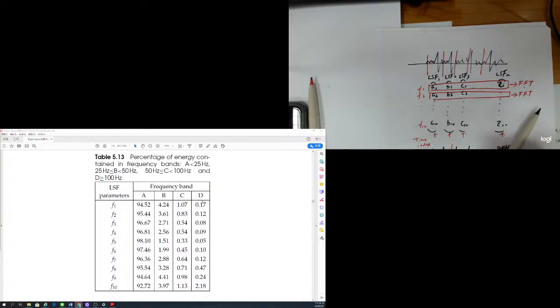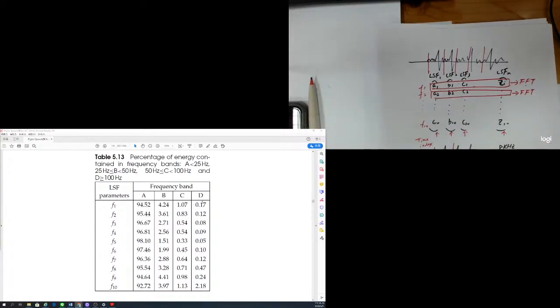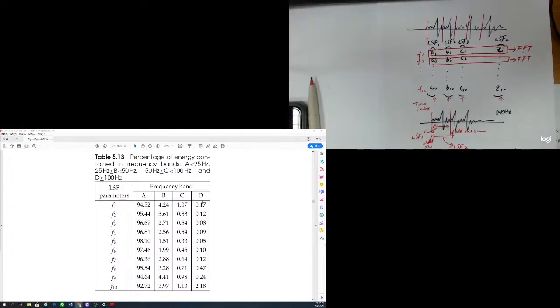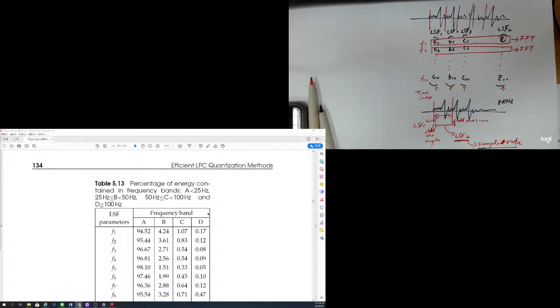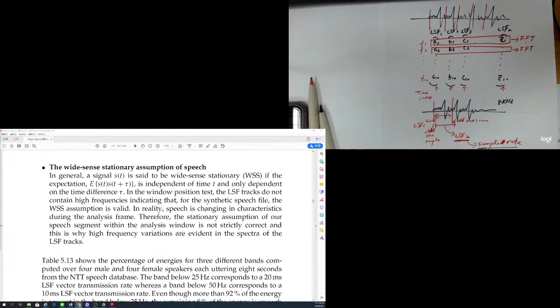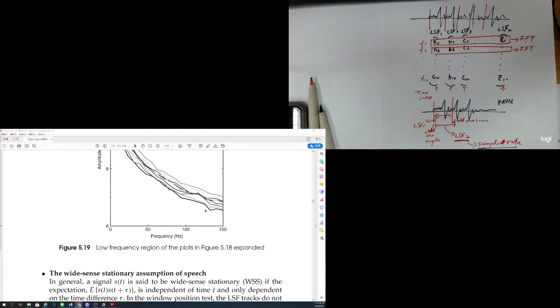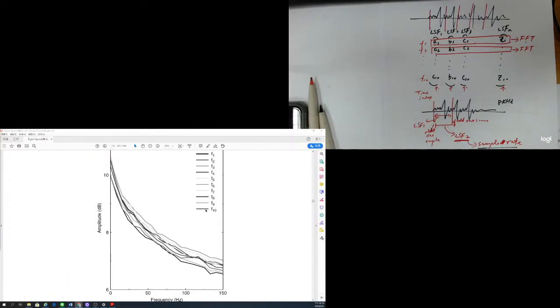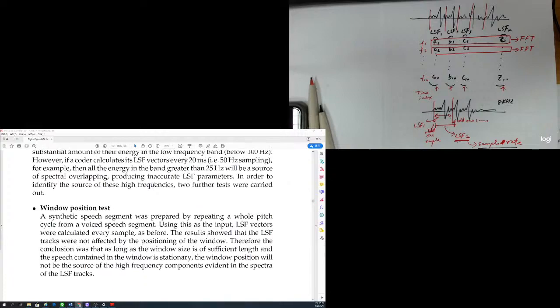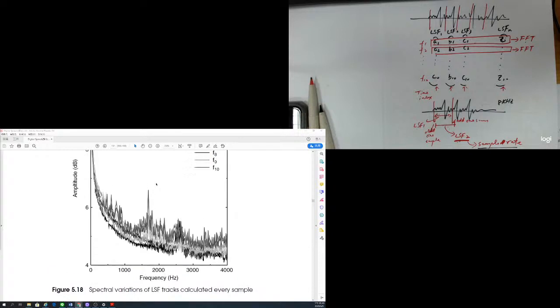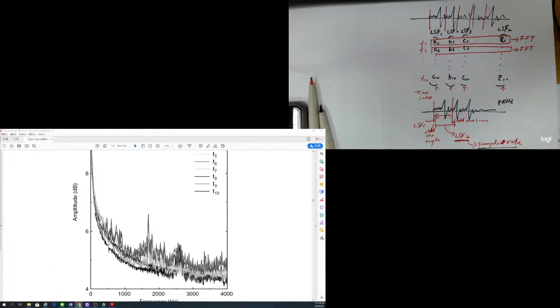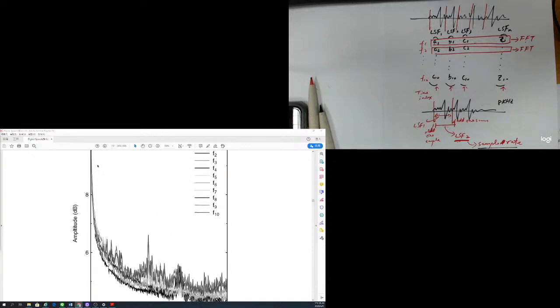If we look at their signal in the frequency domain, we can see what kind of energy distribution they have. From this figure, it's not easy to catch the point because they enlarge it: 1 kilohertz, 1000 hertz. But at low frequency, they have a high amplitude, because this dB is a log scale.